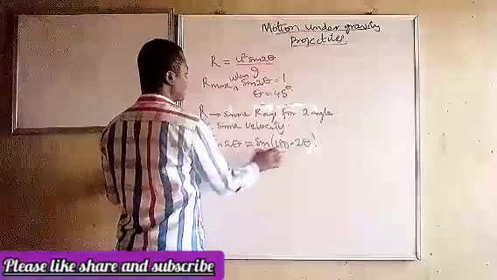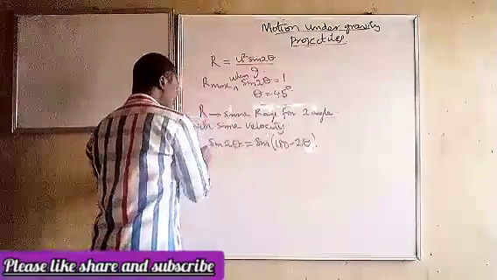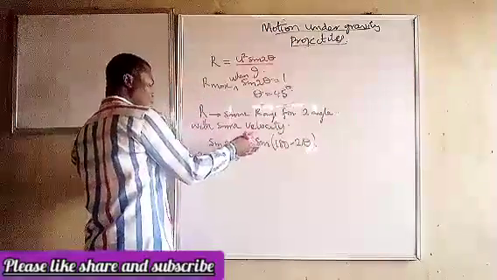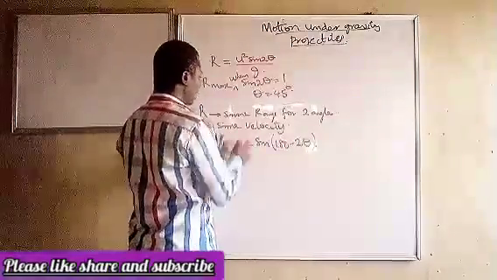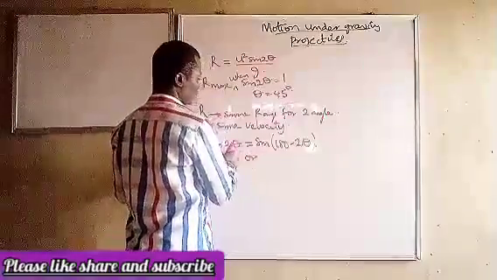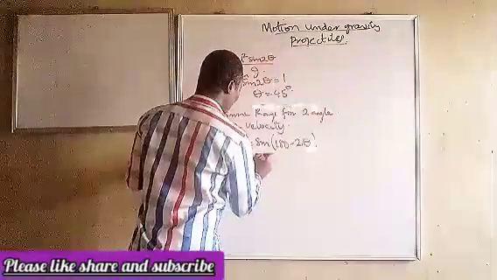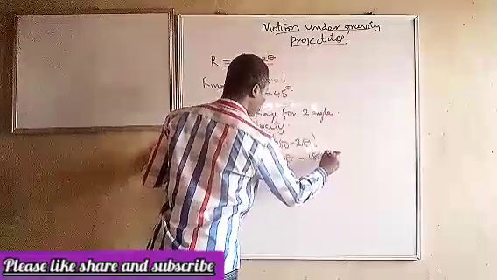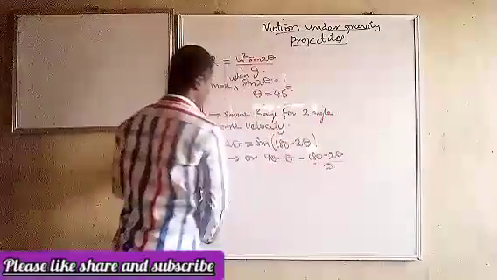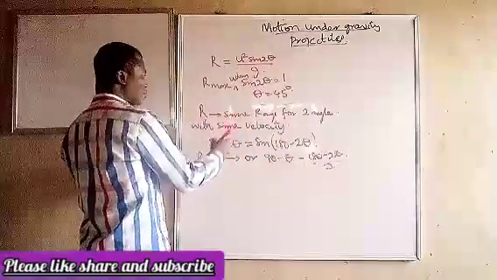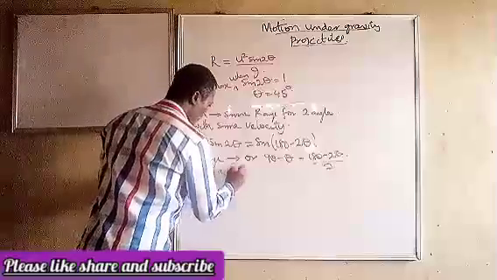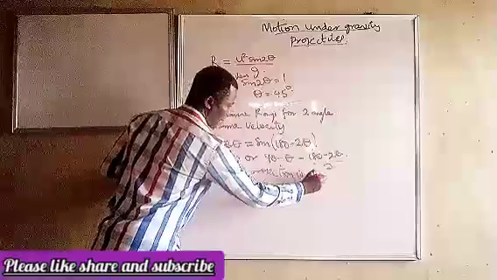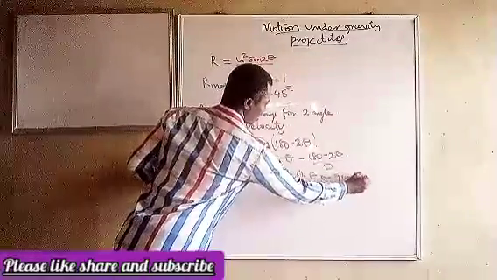Which means that in this instance, we will have the same range when our angle of projection is theta or 90 minus theta, that is 180 minus 2 theta over 2.